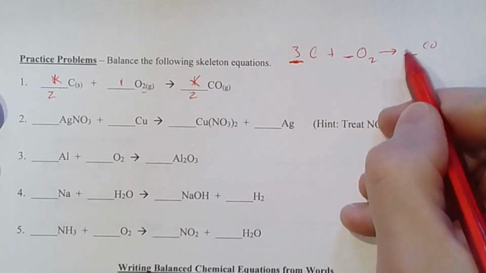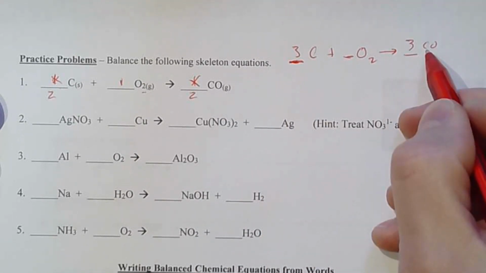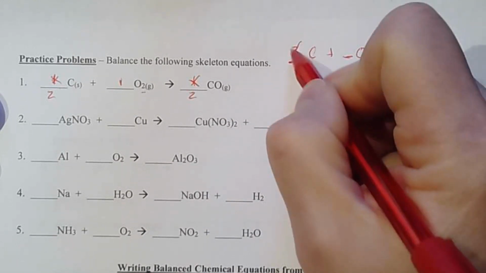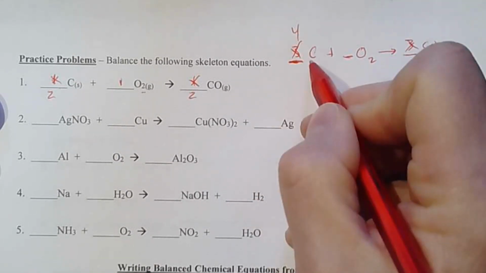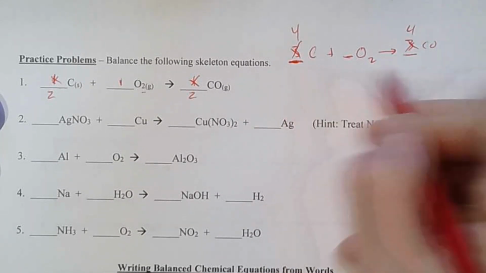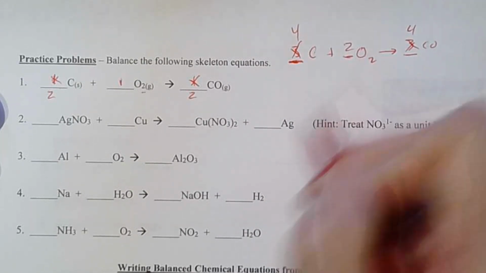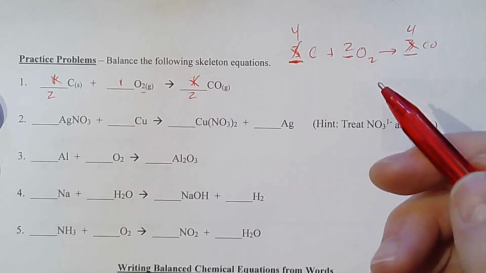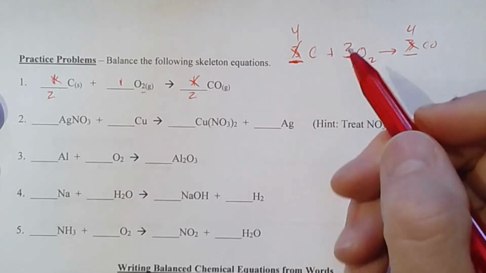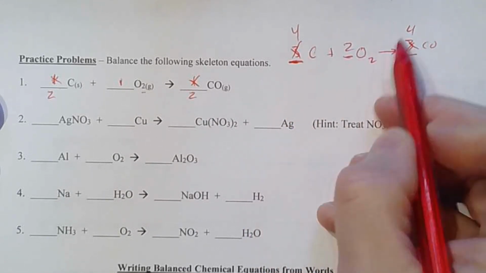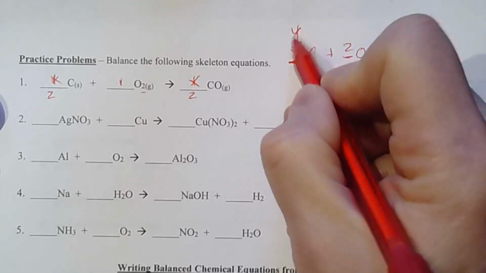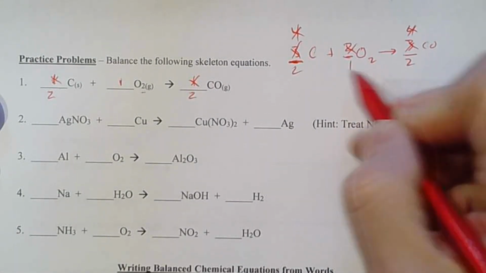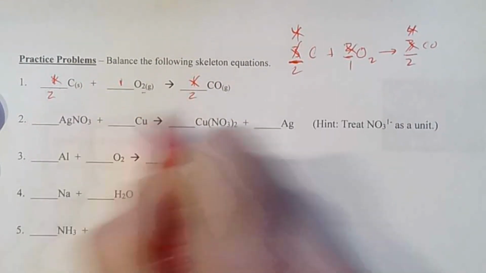So okay, if I've got 3 carbons here, 3 carbons over there, 3 oxygens over here, wait a minute, that's not going to work. I'm going to bump that up to a 4. So 4 carbons, that means 4 over here. 4 oxygens, that means I can get to balance with a 2. So I'd end up with 4, 2, 4. And hopefully you'd recognize, wait a minute, these are all divisible by 2. So I have to reduce that to 2, 1, and 2. So you'd end up with this.